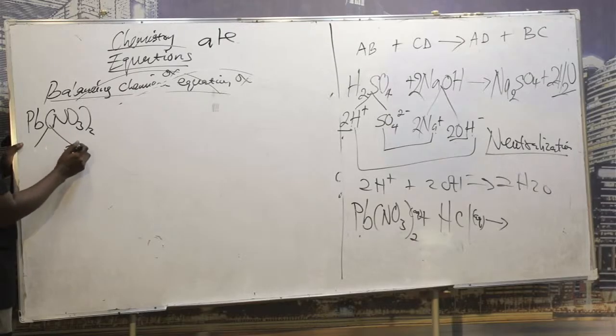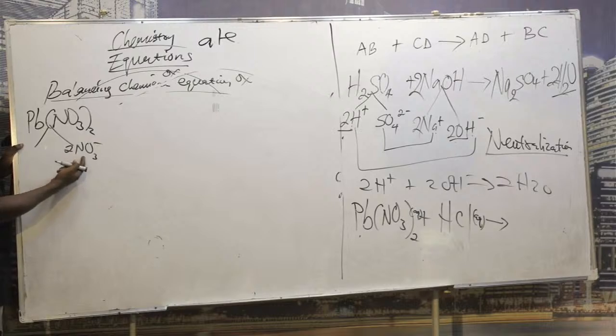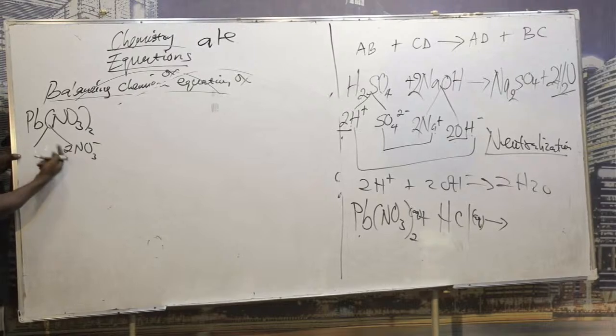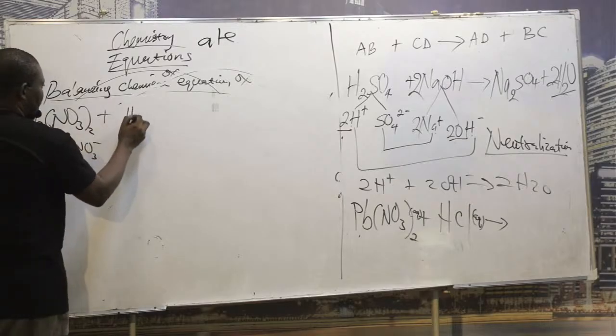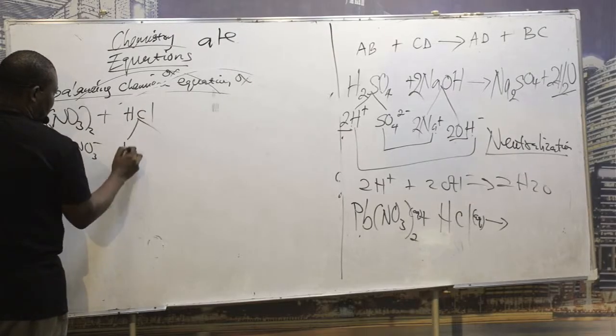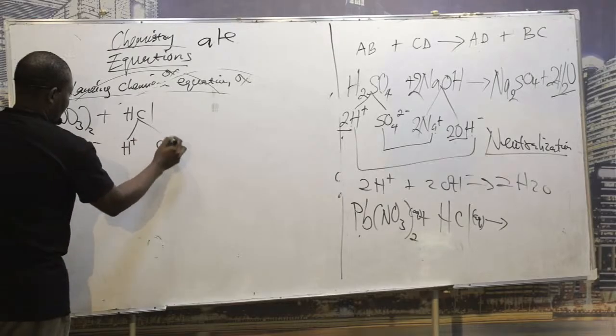Consider this as 1. I'm considering it, there are 2, and I'm putting the right numbers. This is going to be Pb. What will be here? 2+. Always make sure that the charges when you are splitting are equal to what? 0. Plus HCl, split as well: H+ and Cl-.